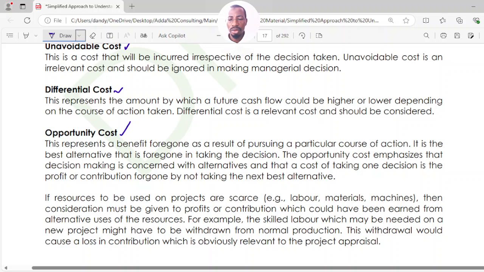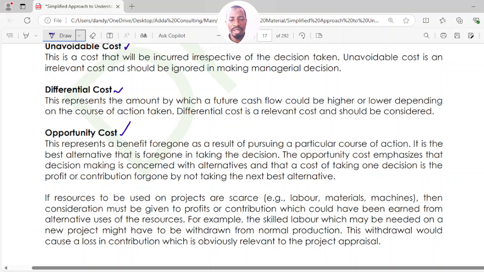Say for example, a company has a storage space that has been idle for a while, and nobody is coming to rent out the storage space, and the company wants to execute a project.